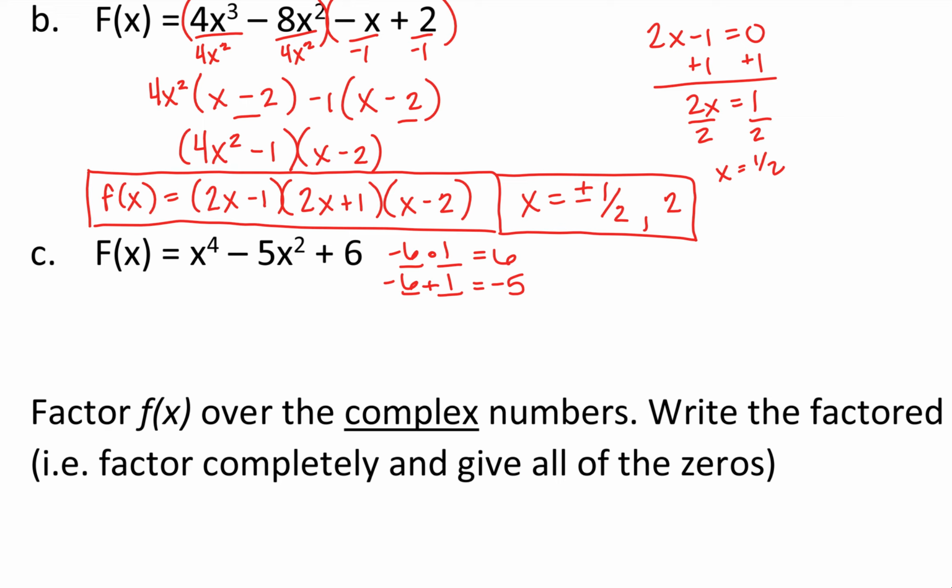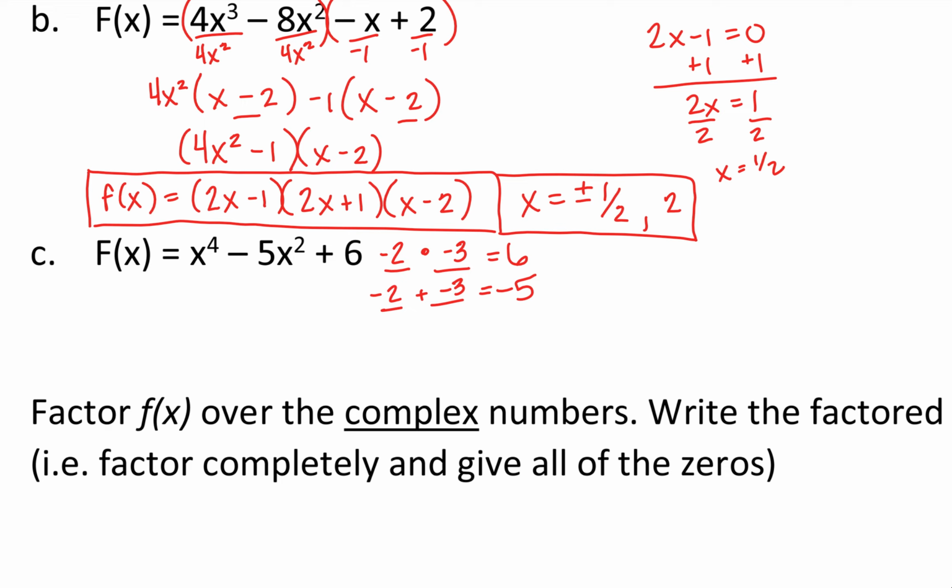I am wrong. I'm wrong. Ha ha ha, I can admit when I'm wrong. Factors of 6 are 2 and 3. So we need a -2, -3 to give me a positive 6, and a -2, -3 to give me a -5.